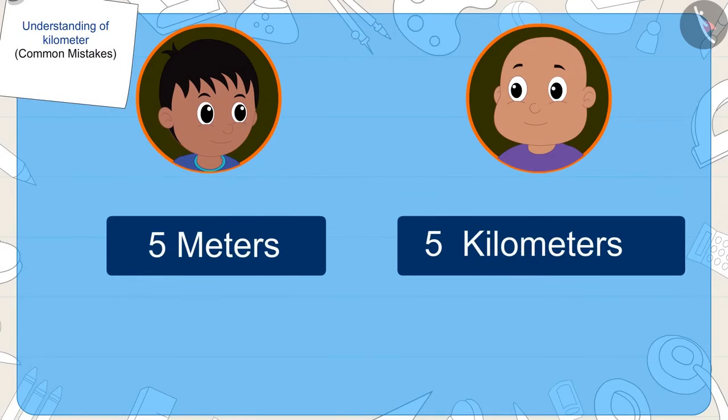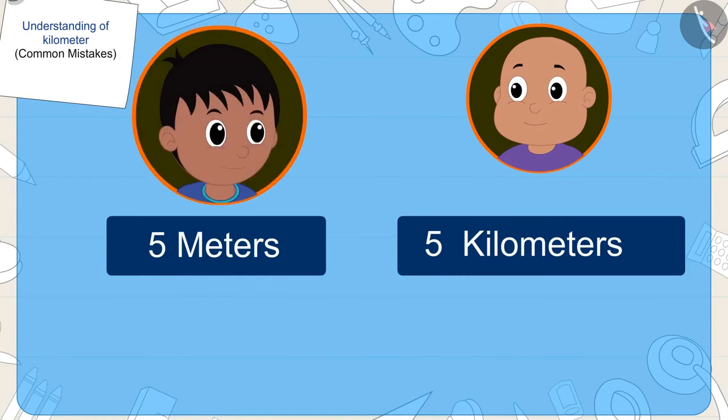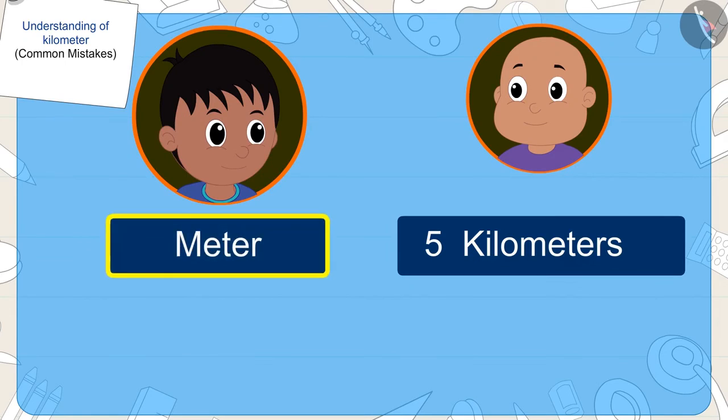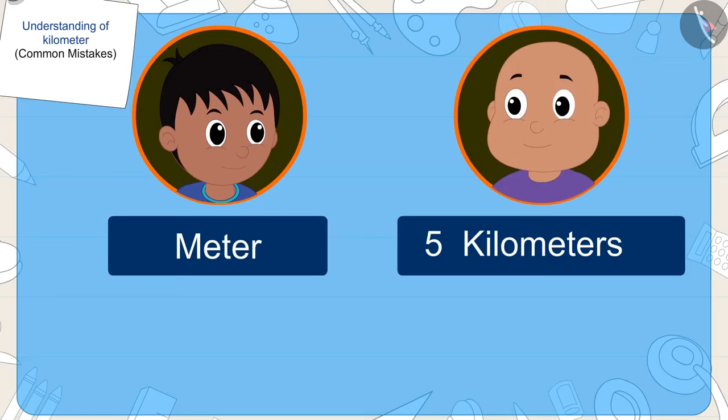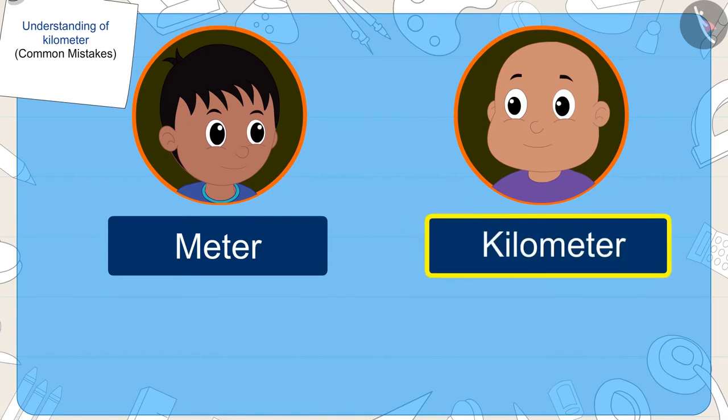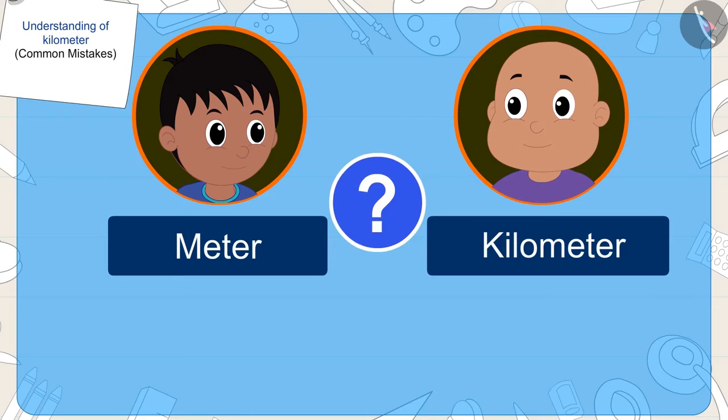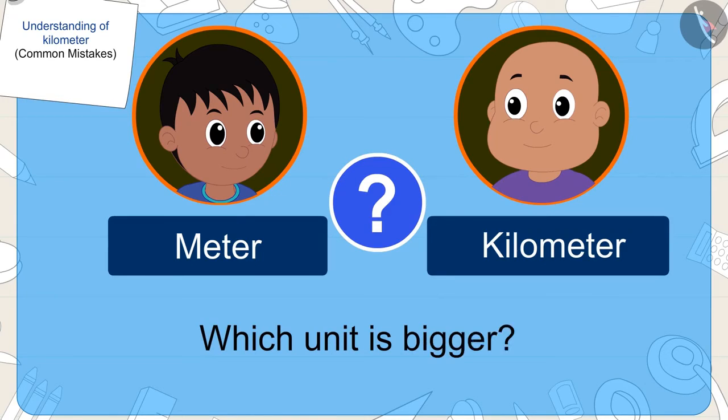Even though in the distance, the numbers of Raju and Bablu's houses, 5, are the same, the distance unit of Raju's house is meters, and the distance unit of Bablu's house is kilometers. And kids, you do know which one of these two units is bigger, don't you?